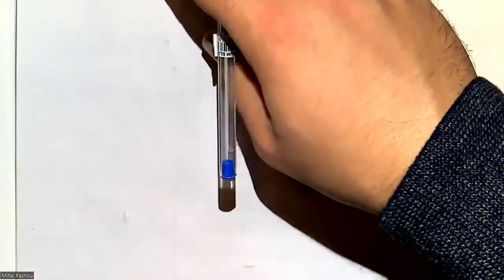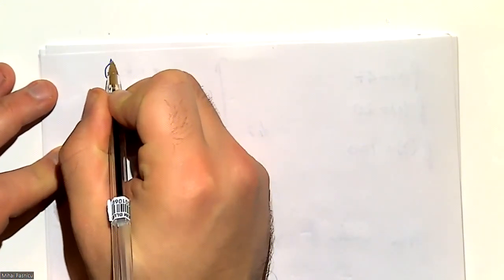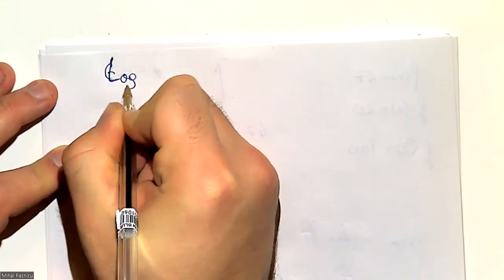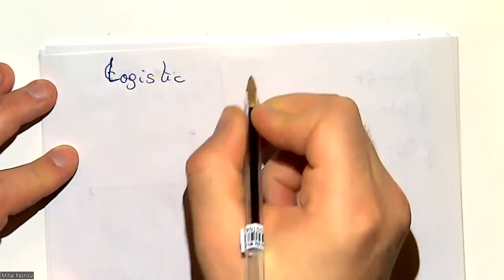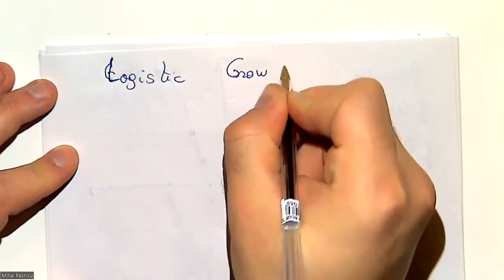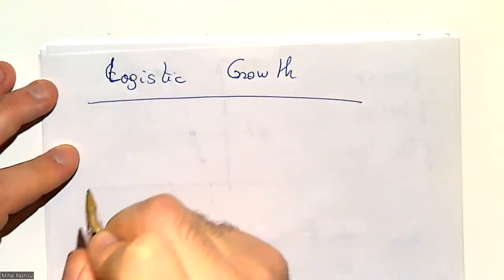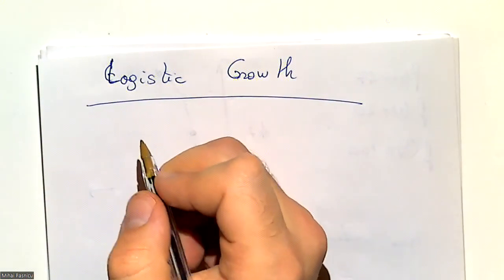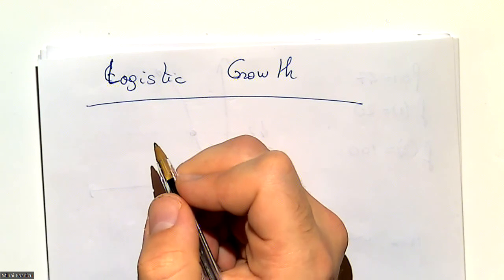Okay, so now the one we're going to solve is called, for those of you that are going to do economics or whatever, logistic growth. Sounds something like macro, something that we use in macro. I don't know, I don't study macro, so not really.